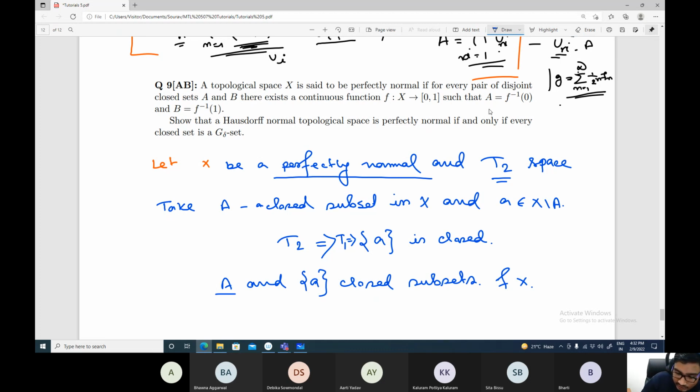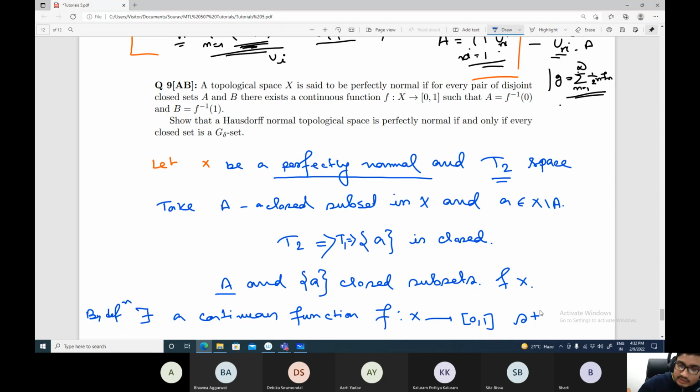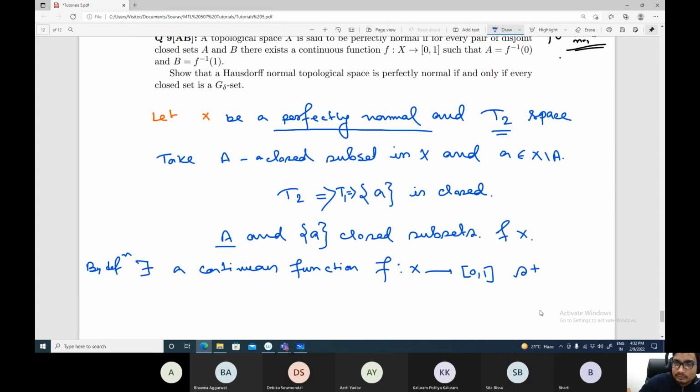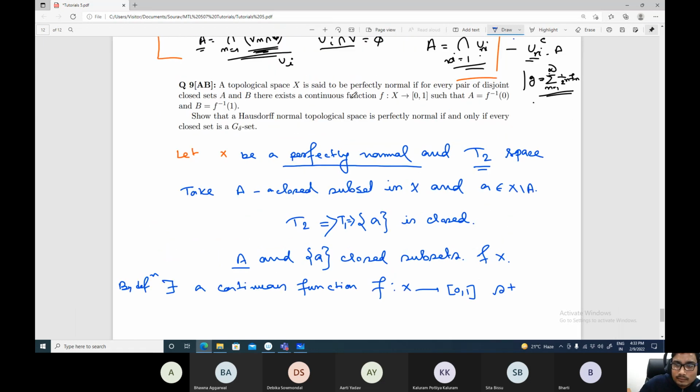By definition, there exists a continuous function f from X to [0,1] such that what?